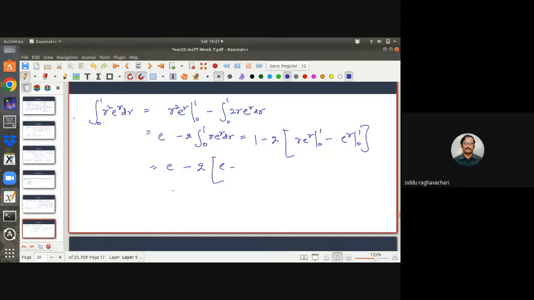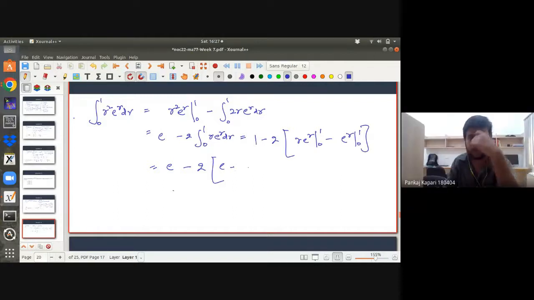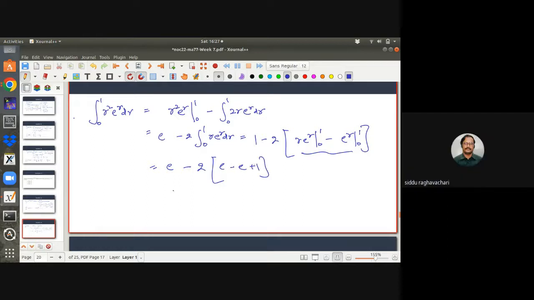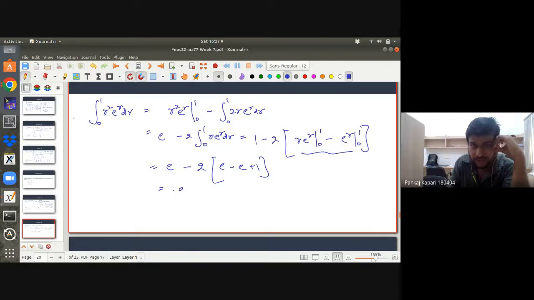Now just calculate this second part. Again, this will become e, and minus this 0. So at the end, it will come out to be e minus 2.